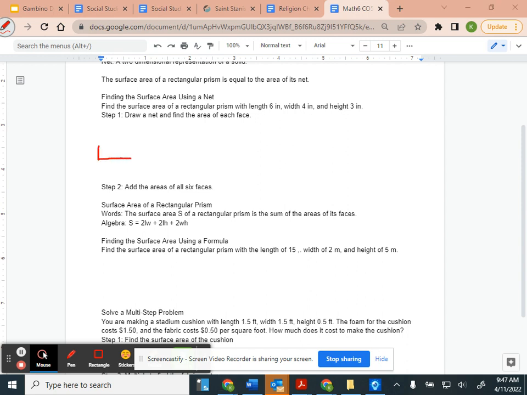So I'm going to draw my rectangular prism. I'm going to put in those measurements. So my length is 6 inches, my width is 4 inches, and my height is 3 inches.